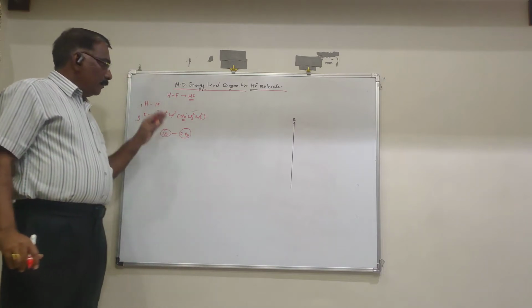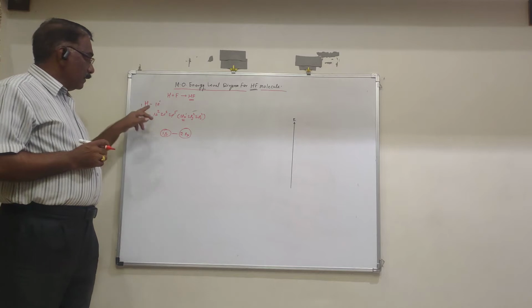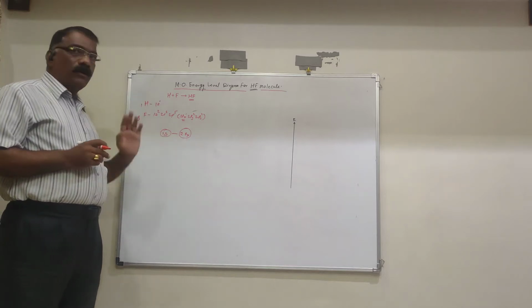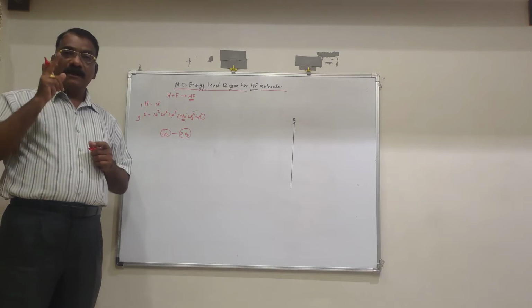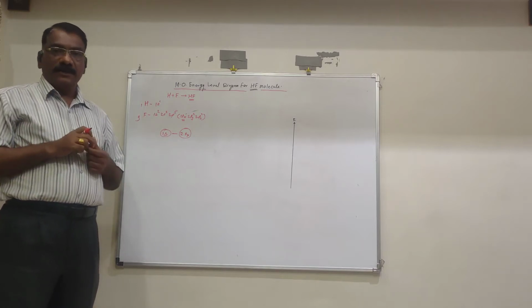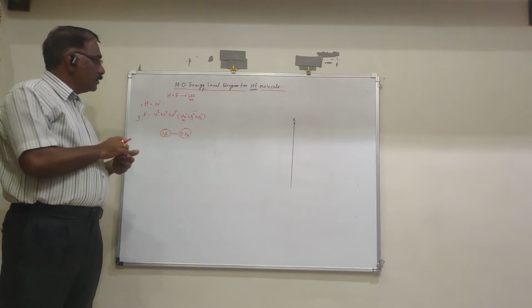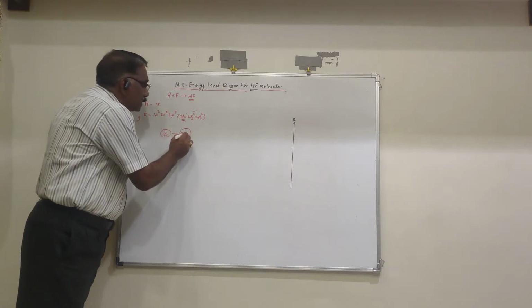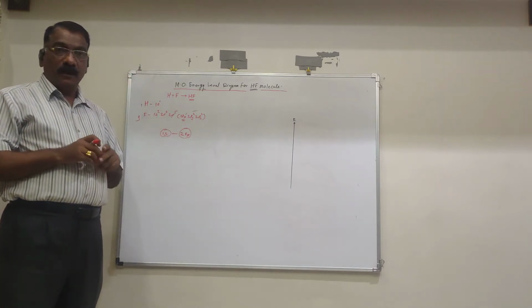According to the LCAO, atomic orbital combination is possible when they have the same symmetry, same geometry and nearly the same energy. Here the 1s orbital has nearly the same energy as the 2px orbital. Is it possible? Yes, it is possible. How?